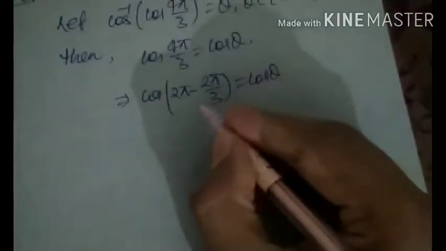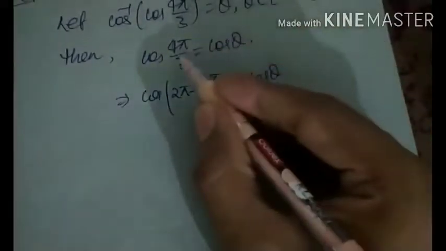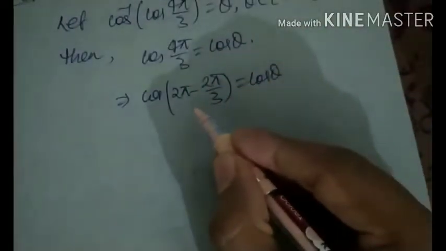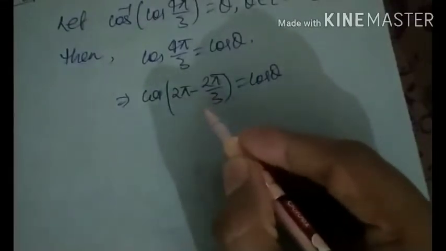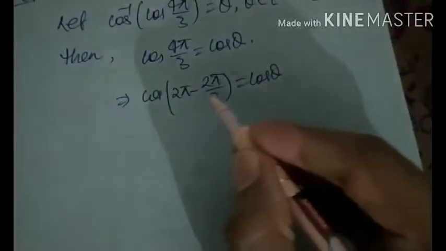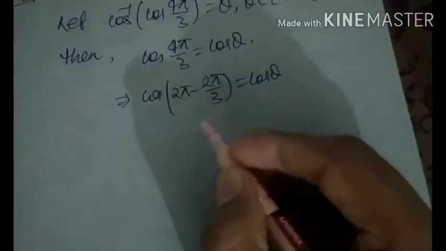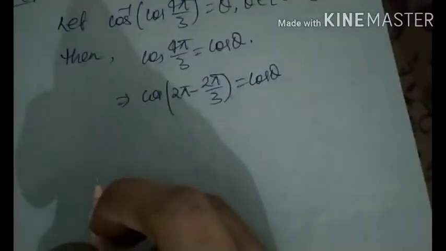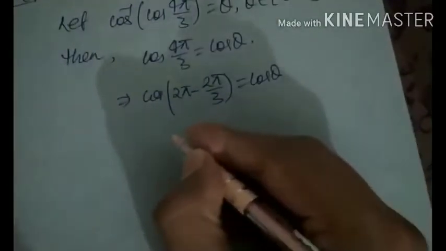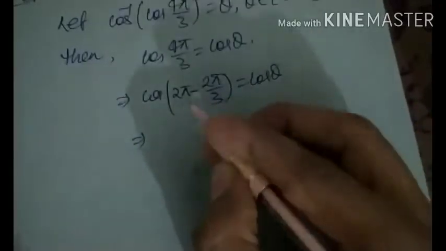This is the conversion of 4 pi by 3. This is also 4 pi by 3, but in this way, 2 pi minus 2 pi by 3. Now let's find the value of cos of 2 pi minus 2 pi by 3.